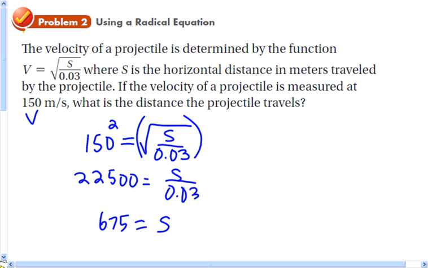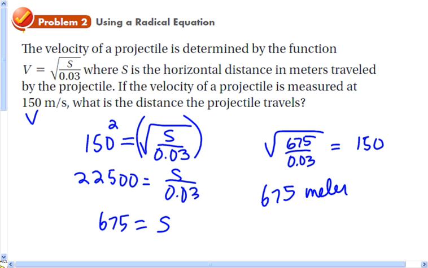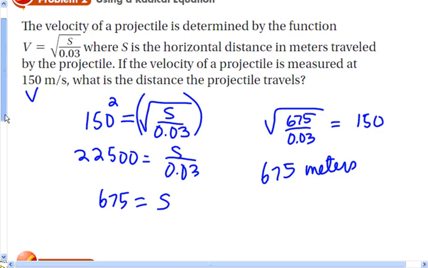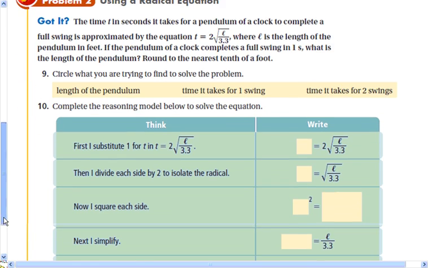And then I can just check it, just make sure that 675 divided by 0.03, and then the square root of that equals 150. I think it does. So my answer is 675 meters, horizontal distance. All right, here's another equation you can try.